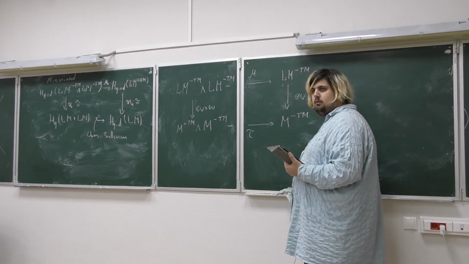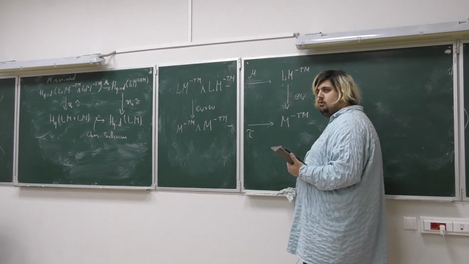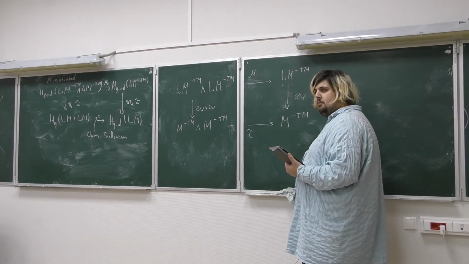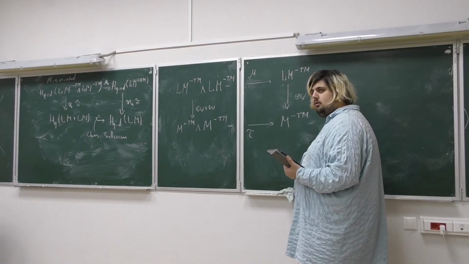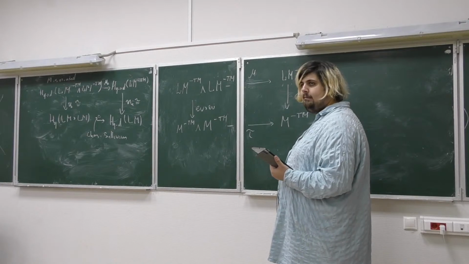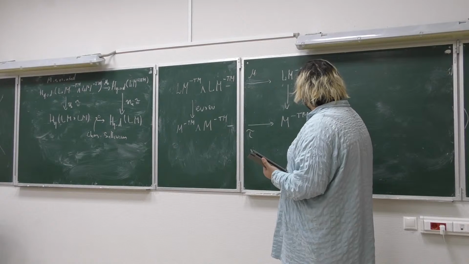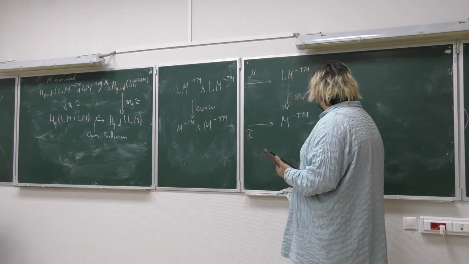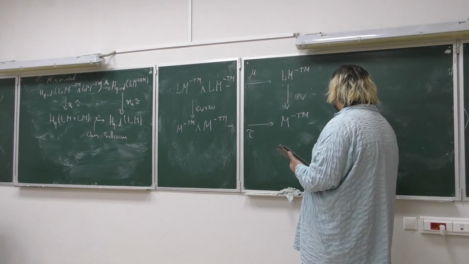Okay, and is this action also compatible with multiplication? With multiplication of loops? What action? Well, not the action, this map from M to LM. Oh, the section. The constant section. Let me think about it in just a moment.